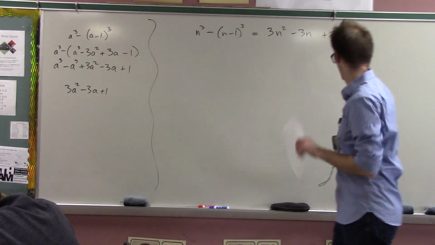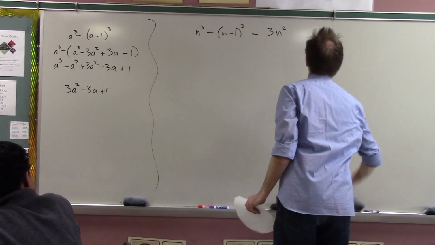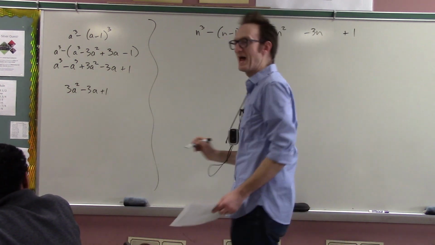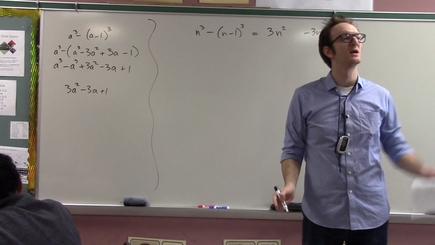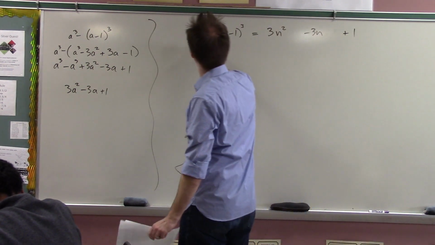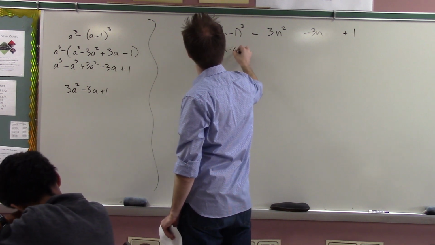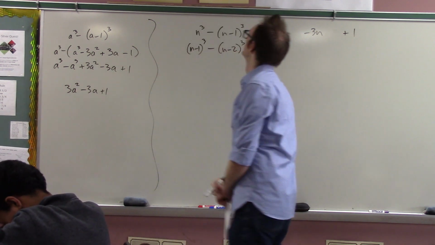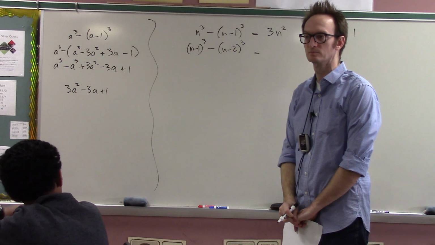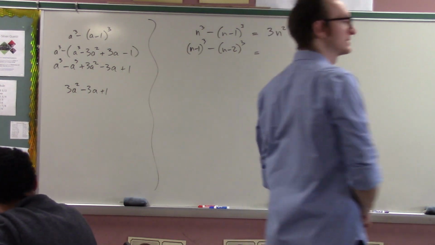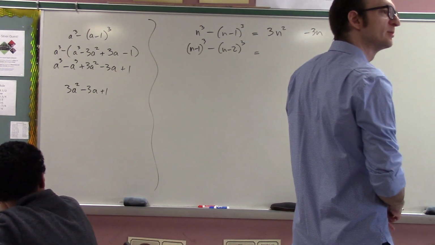Write kind of big, because we're going to write kind of big. Now, directly underneath it, exactly like we did over there, but in general, I will now consider n minus 1 cubed minus n minus 2 cubed. Well, what is that?